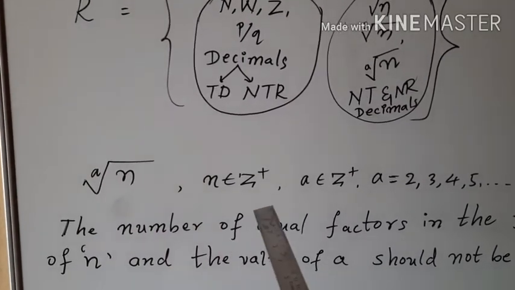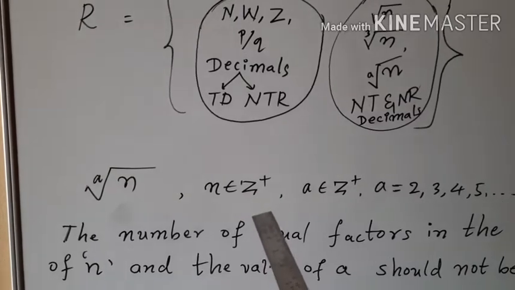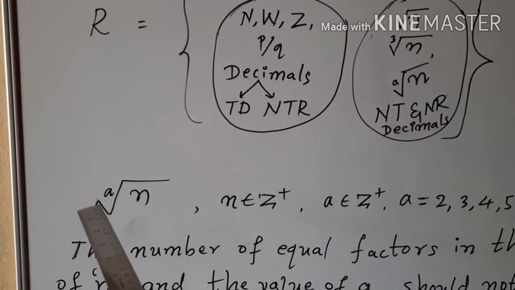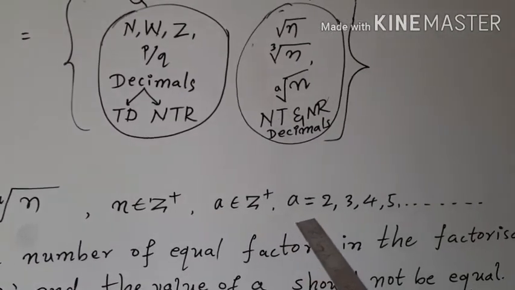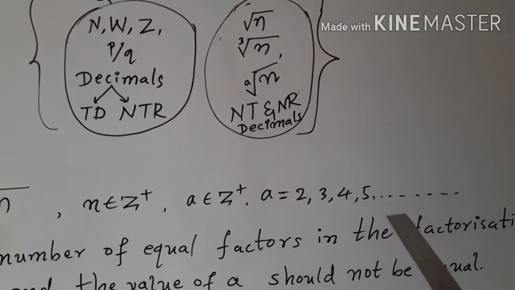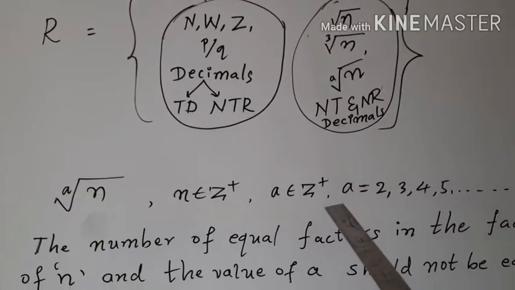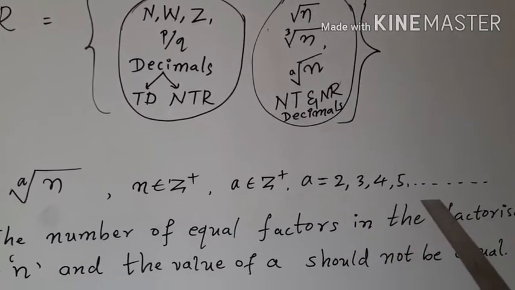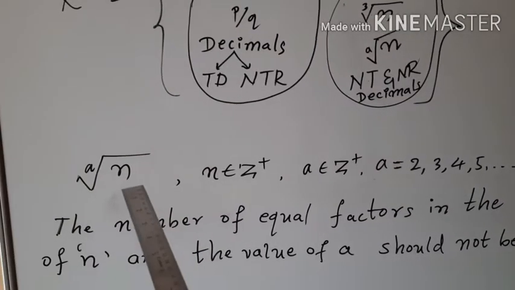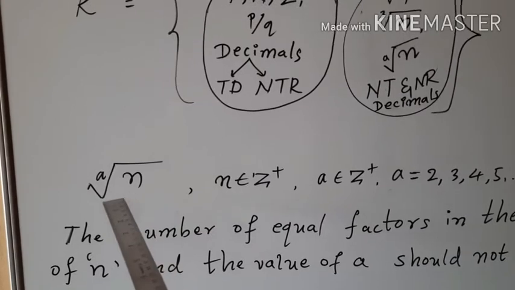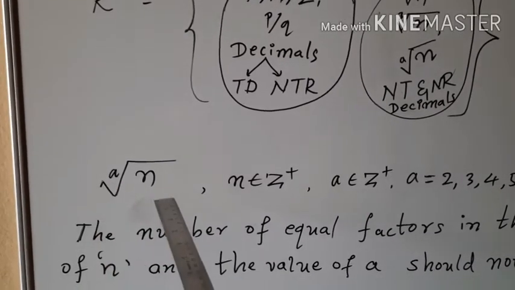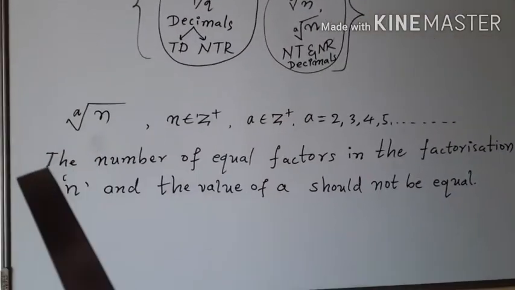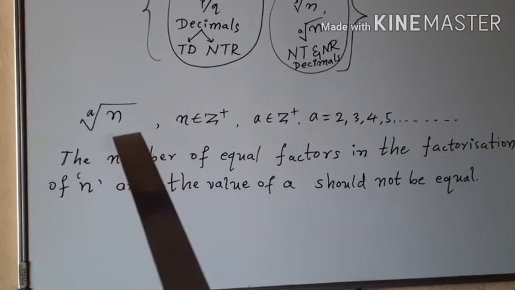Here n belongs to positive integers, and the value of n should not be negative, and the value of a should also be positive, and it should start from 2, 3, 4, 5. The value of a should not start from 0 or 1, but it should start from plus 2, plus 3, plus 4, plus 5. And here the number of equal factors in the factorization of n and the value of a should not be equal. Okay children, then only the ath root of n can be an irrational number.